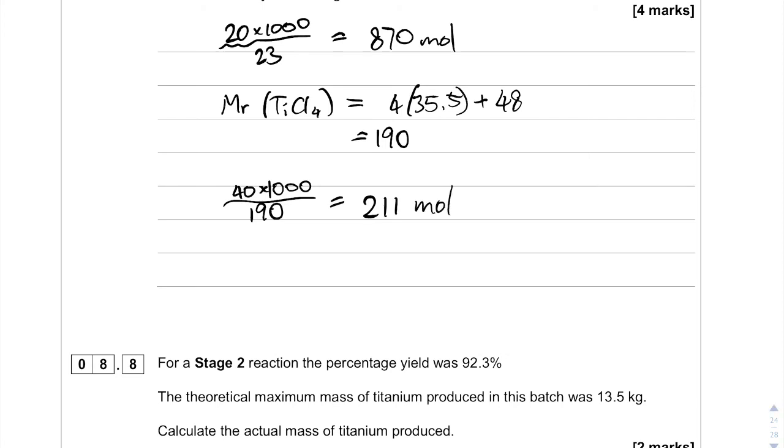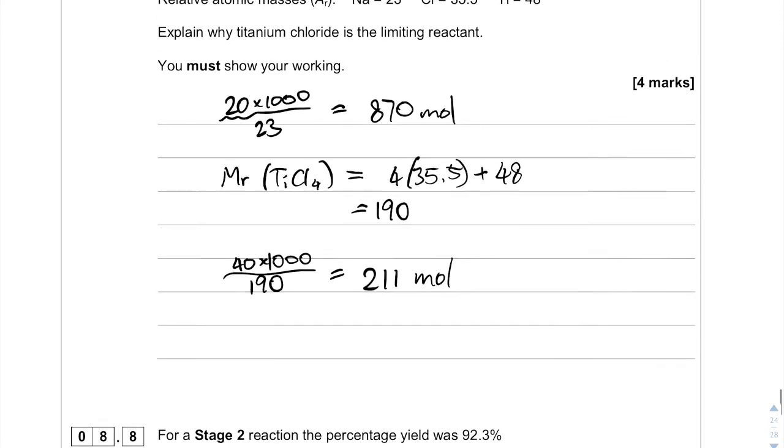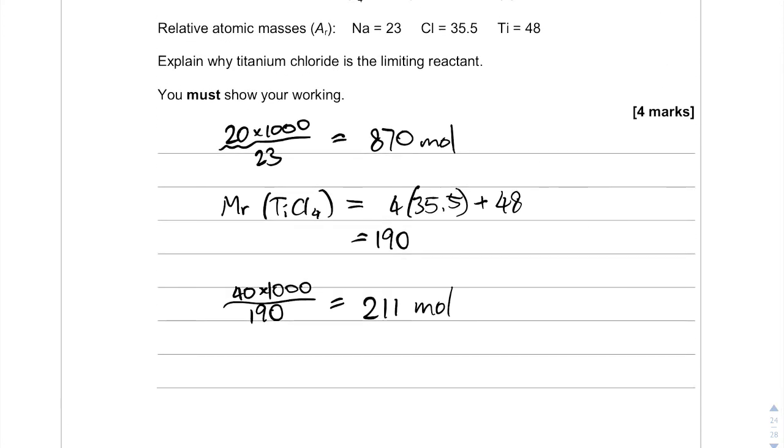So round to 3 SF. Now you've got 211 versus 870. Which one is in excess? Which one is limiting?